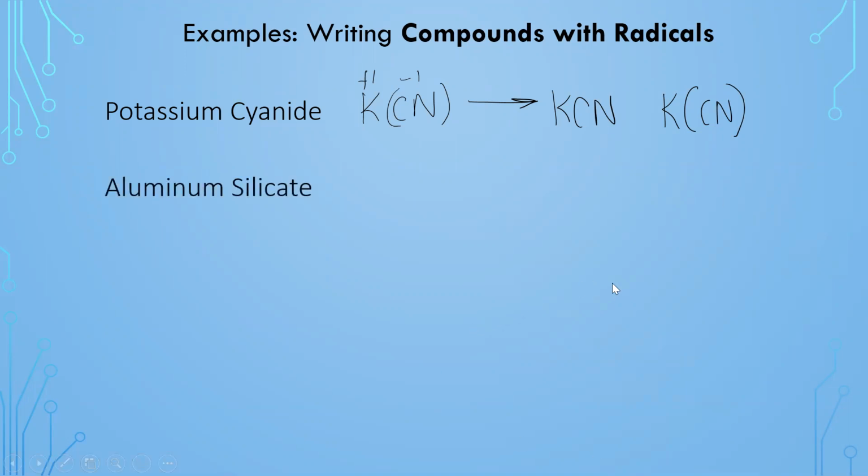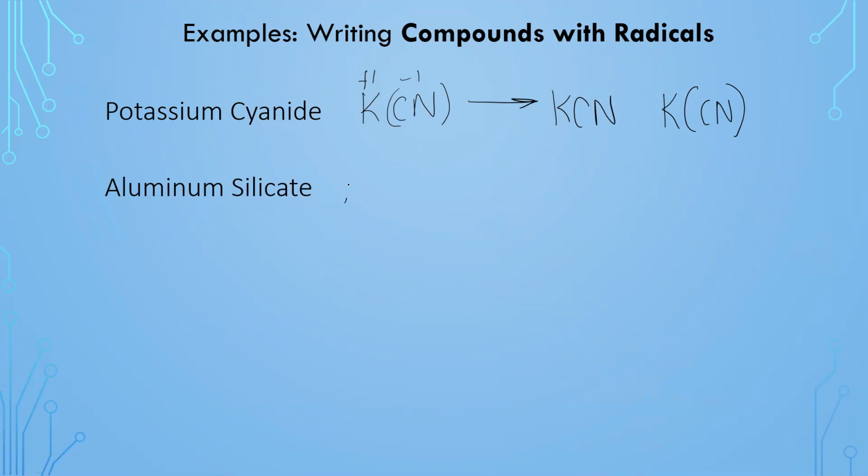Okay, aluminum silicate. So once again, an element and then a radical. And if you're not sure if there's a radical, check your radical sheet. Most radicals do end in ATE or ITE, but you do have some that end in IDE. So just check your radical sheet if you're not sure.